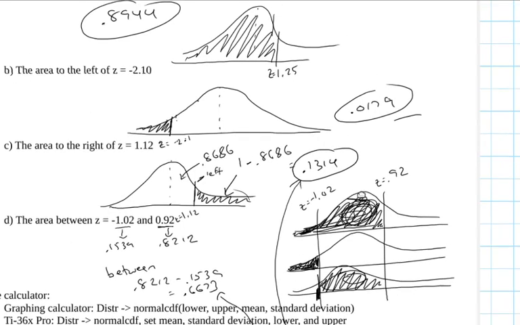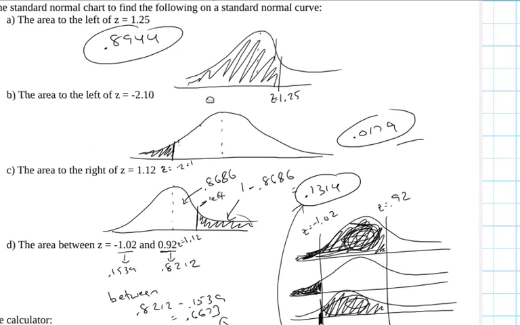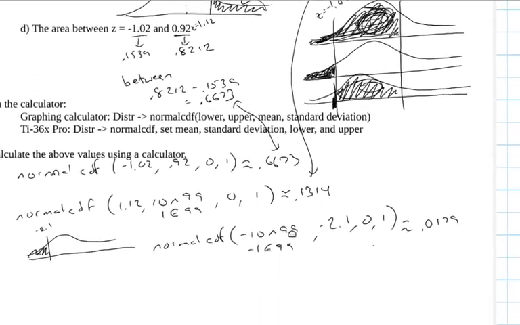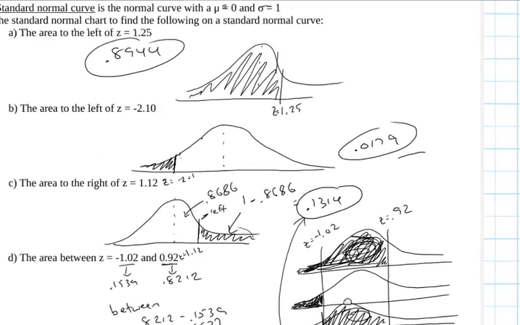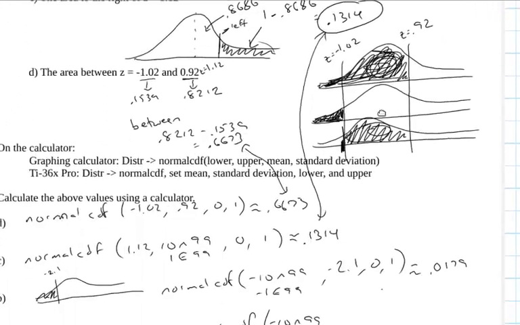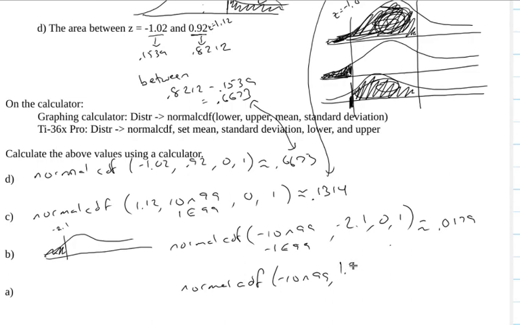And then lastly, the area to the left of z equals 1.25. This is pretty much the exact same as what we just did. This is going to be normal CDF, negative 10 to the 99th, 1.25, 0, 1.